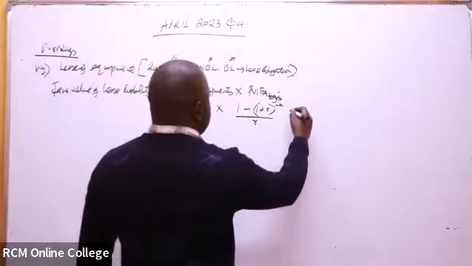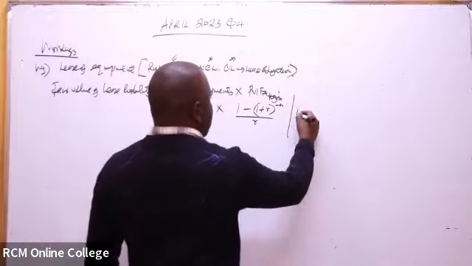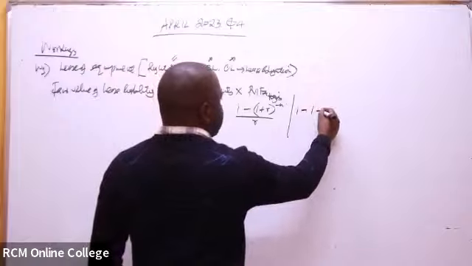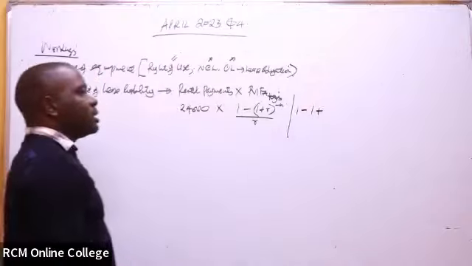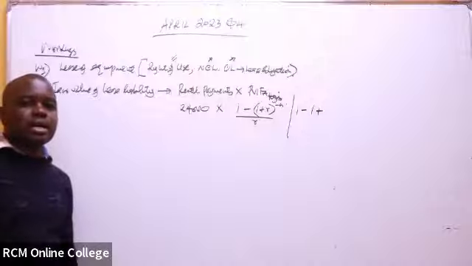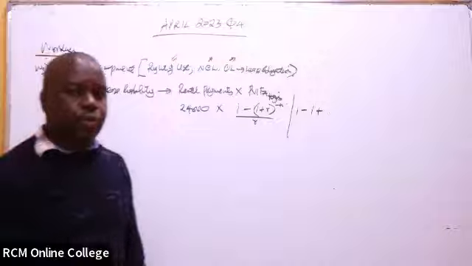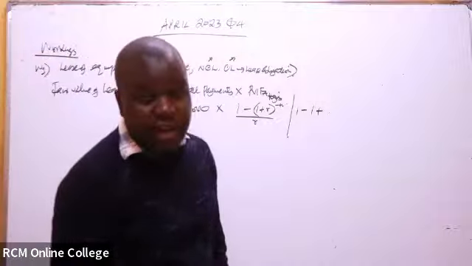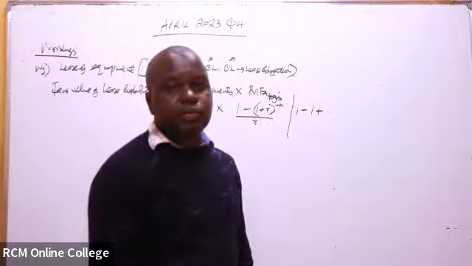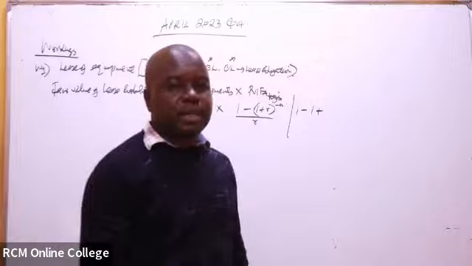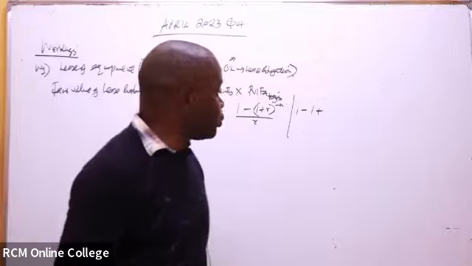So in this case, we'll say it will be 1 minus 1 plus r, where r is what? 2.5? Because per annum, it is 5%. So for the entire year of 12 months, it is 5%. If it is semi-annually, you divide by 2.